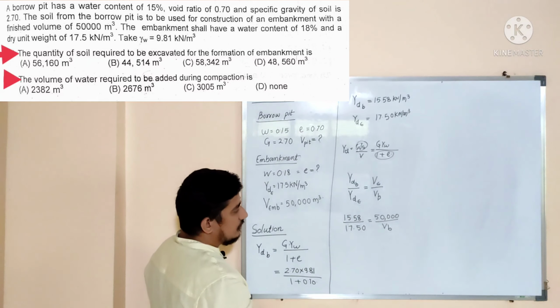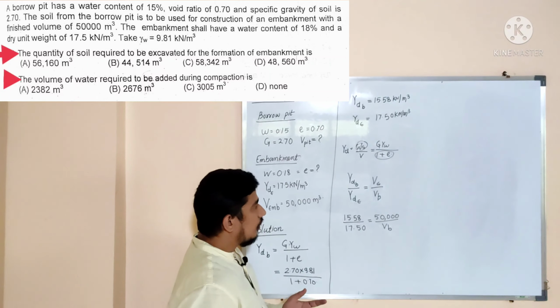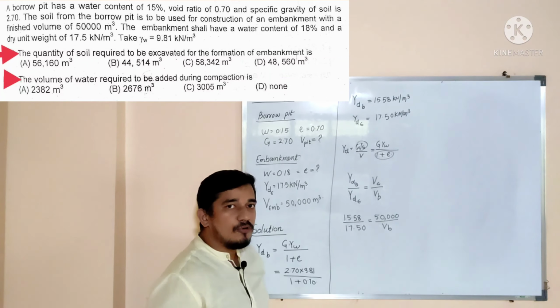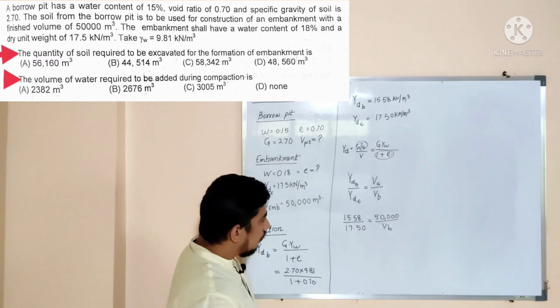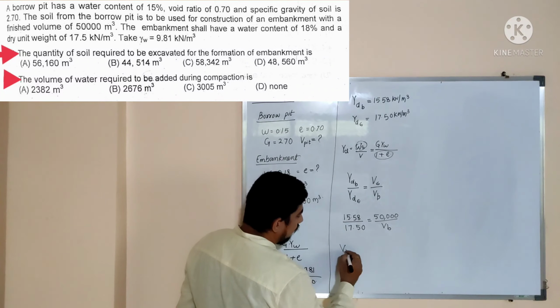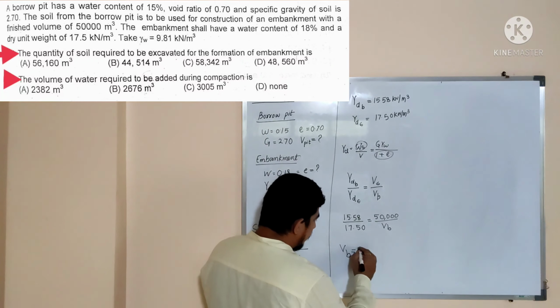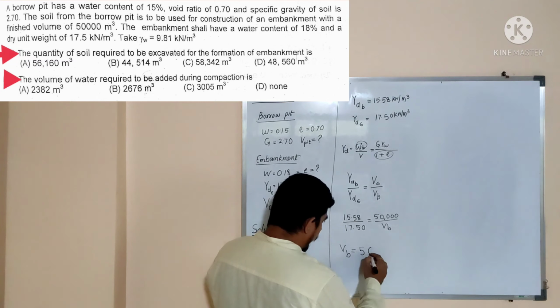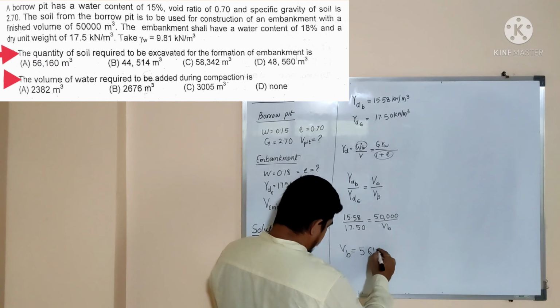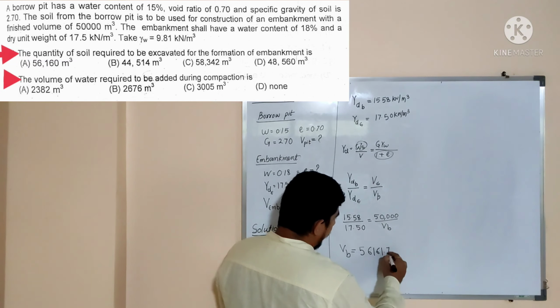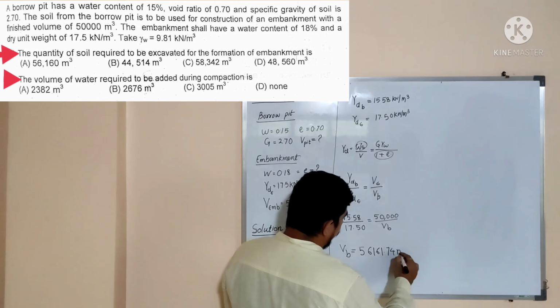By solving this equation, how much soil we need to excavate from the borrow pit can be found out. So VB is equal to 56,161.74 meter cube.